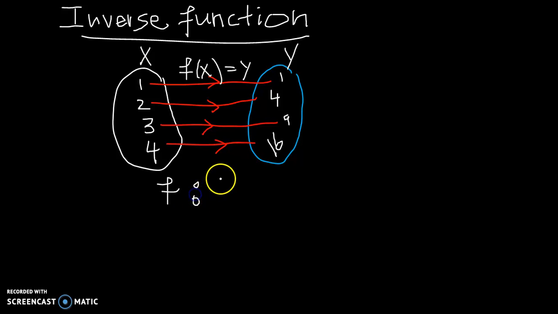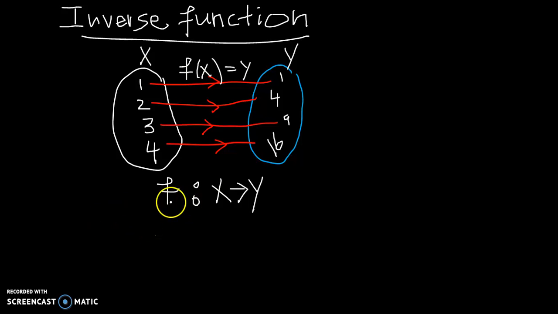From the set x to y, where x is the domain and y is the codomain. So the image of 1 is 1, image of 2 is 4, image of 3 is 9, image of 4 is 16.